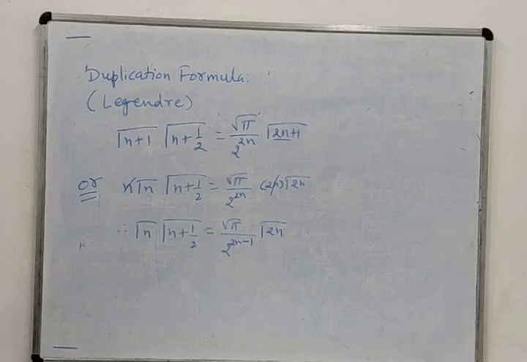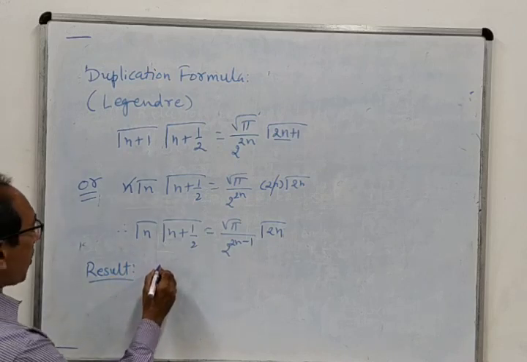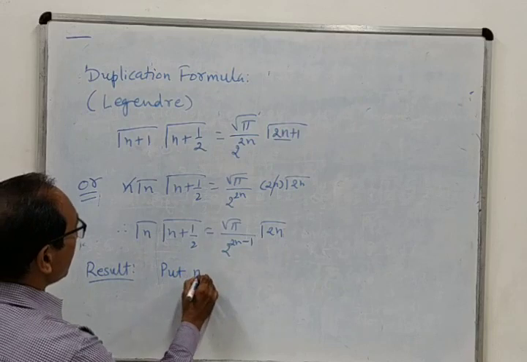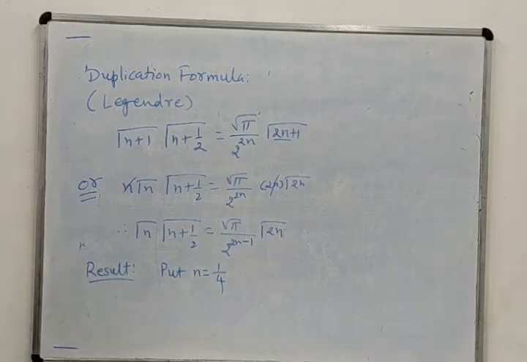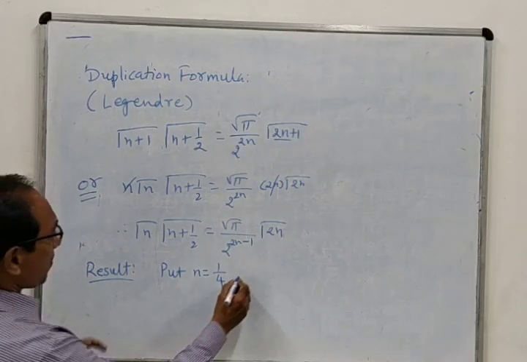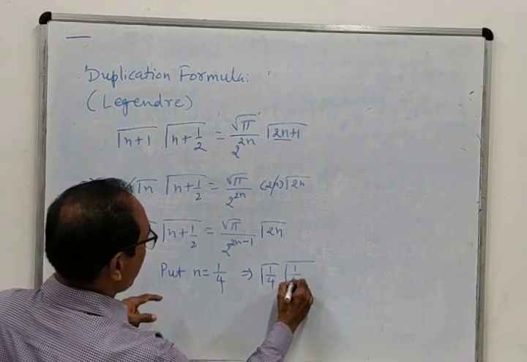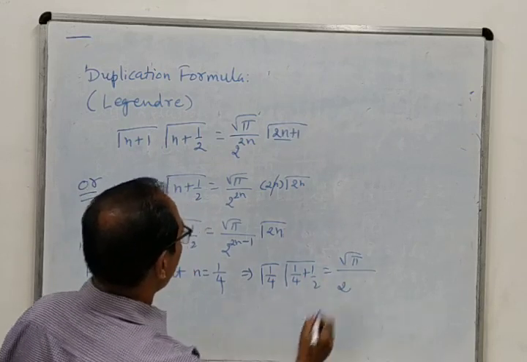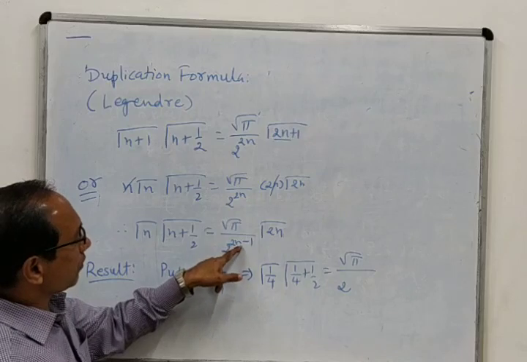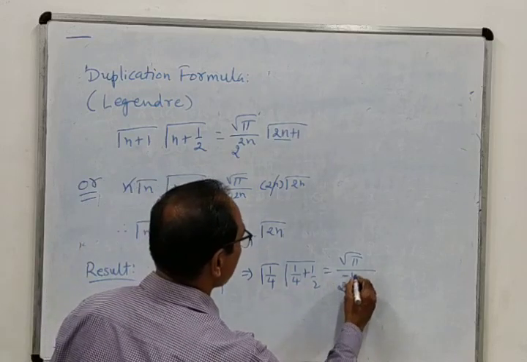Okay. So now we will derive one result from this one. One result that is actually nothing but a value. Here in this duplication formula, we will put n equal to 1 by 4. So let us see what will happen. If we put 1 by 4 here, then it will become gamma 1 by 4, gamma of 1 by 4 plus 1 half, root pi divided by 2 raised to 2n minus 1. Here n equal to 1 by 4, so 2 by 4 means 1 half, and 1 half minus 1 is 2 raised to minus 1 half.